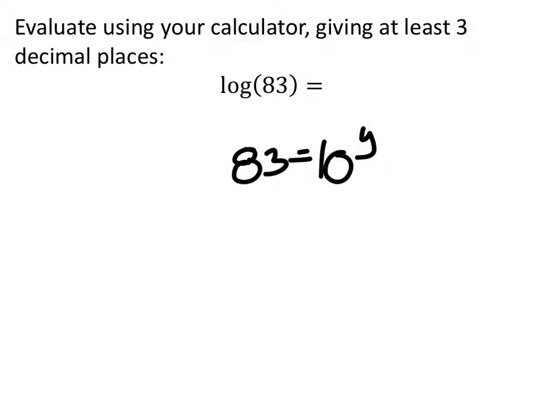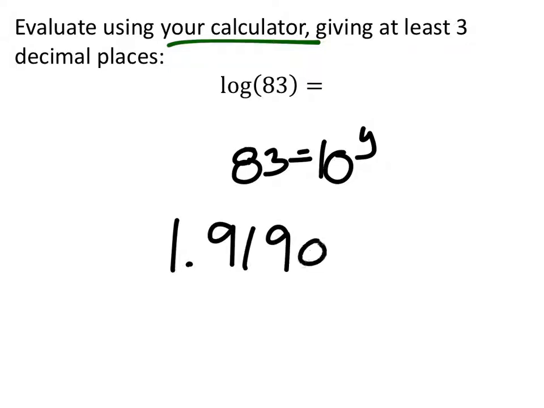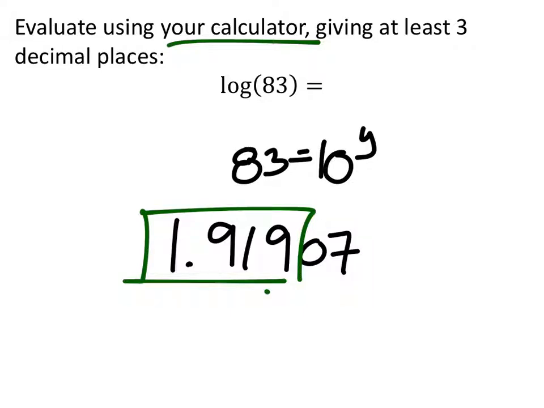However, it did tell us to use a calculator on this one, which is highly recommended. So I'm going to push the log button, then 83 equals. My calculator gave me 1.91907. I don't really need any other decimal places because it said 3 decimal places. So I look at the 9 to the right, it's a 0, so it stays a 9. That is all. 1.919 is my final answer.